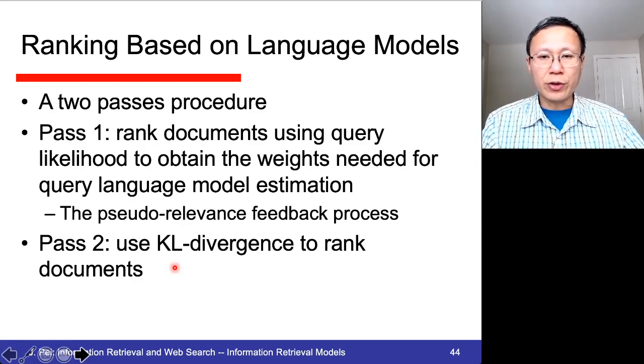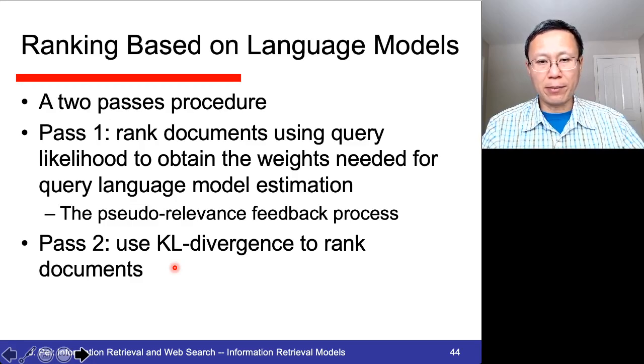Given the language model, we can make the ranking in a two-pass method. In the first pass, we rank documents using the query likelihood to obtain the weights needed for the query language model estimation. And we can use the pseudo-relevance feedback process.